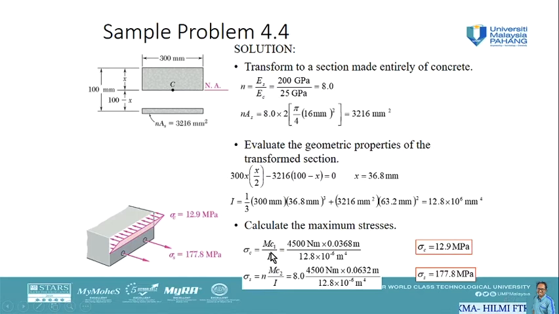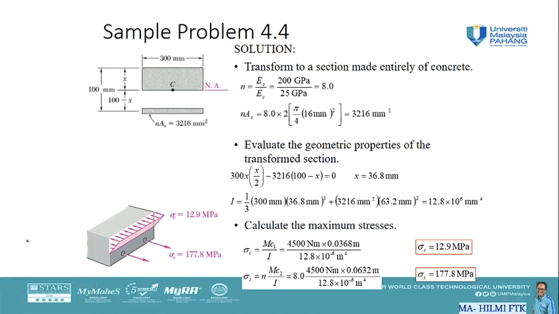Then we can use the value to calculate the maximum stresses in the concrete and in the steel. So in the concrete, it will be Mc1 over I. So what is the value of c1? c1 will be the maximum distance from the neutral axis to the upper face of the concrete slab. So c1 would be equal to x, which is 36.8 millimeter. And then we are going to get sigma c, the maximum stress in the concrete, is 12.9 megapascal.